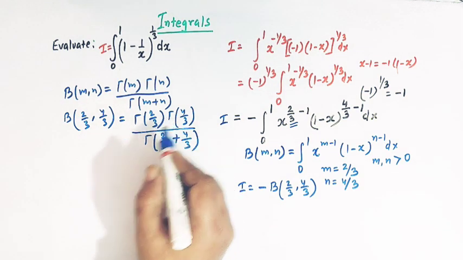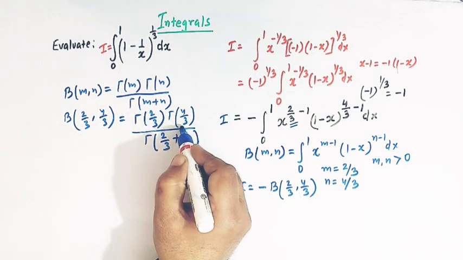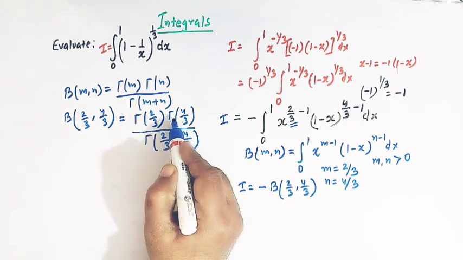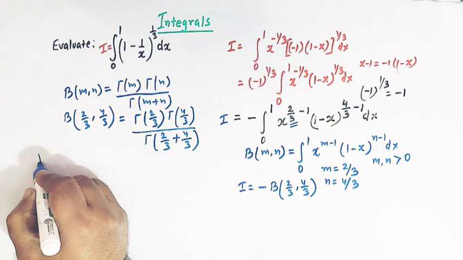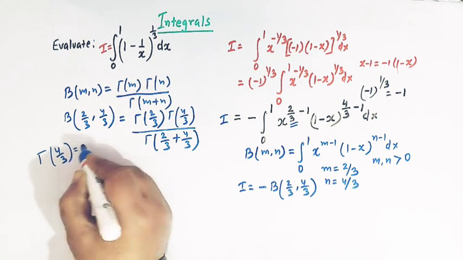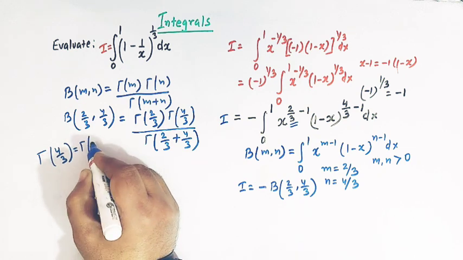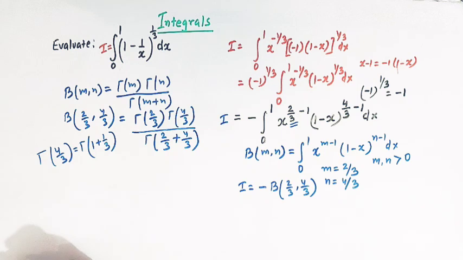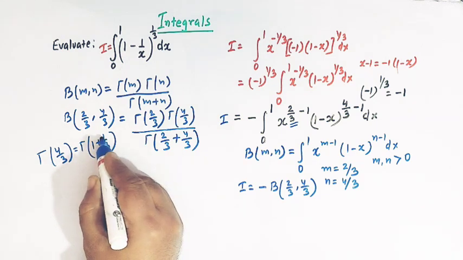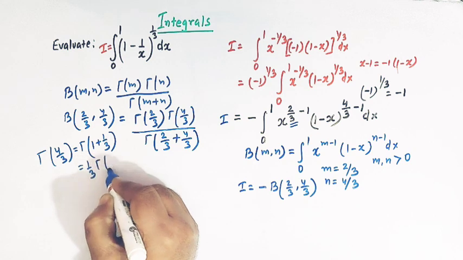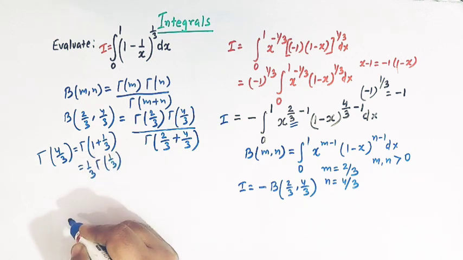So now here we have gamma of 4 by 3, right? And here we have gamma of 2 by 3. Now see here, gamma of 4 by 3 can be written as gamma of 1 plus 1 over 3, right? So gamma of 1 plus 1 over 3 can be written as 1 over 3 gamma of 1 over 3, right?